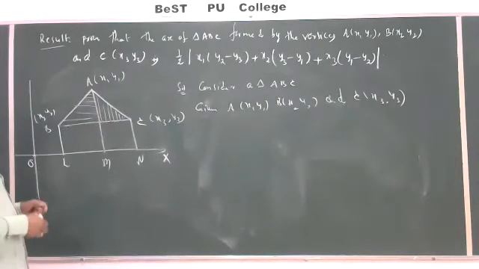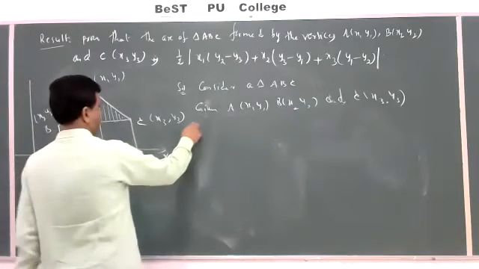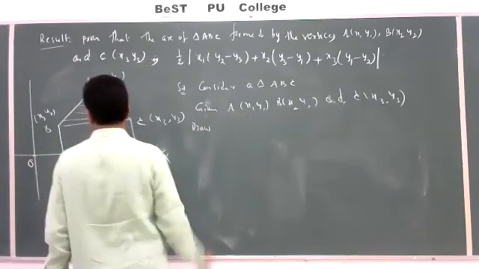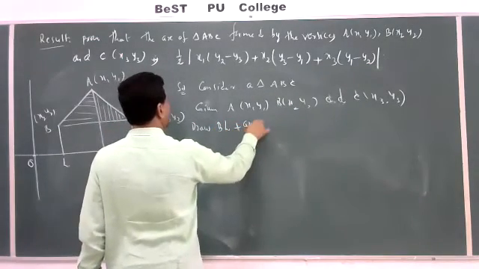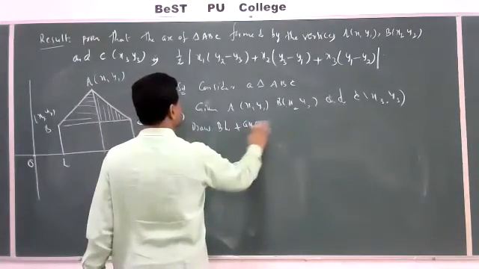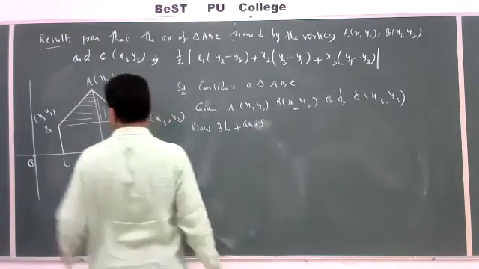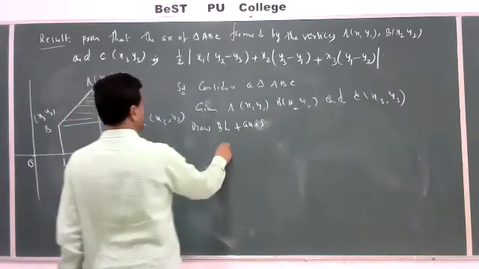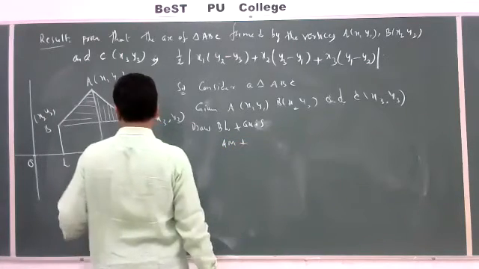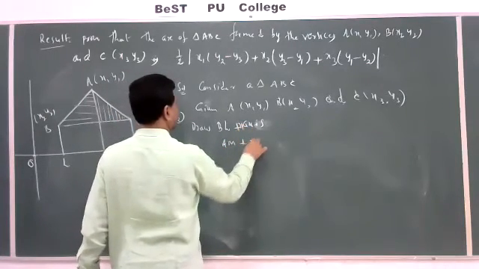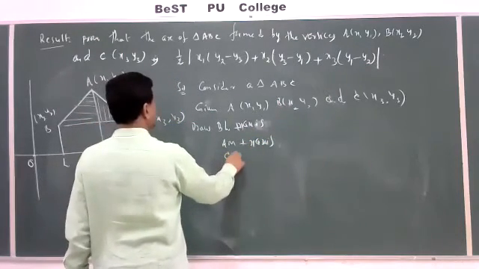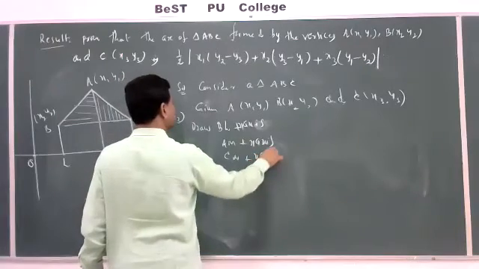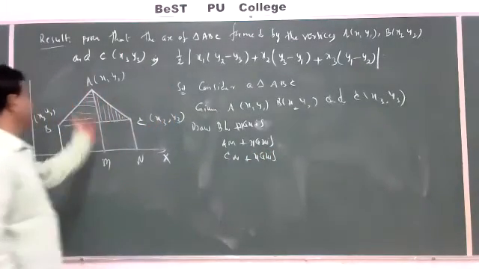From the diagram, or else first do the construction. Draw BL perpendicular to the x-axis, AM perpendicular to the x-axis, and CN perpendicular to the x-axis.